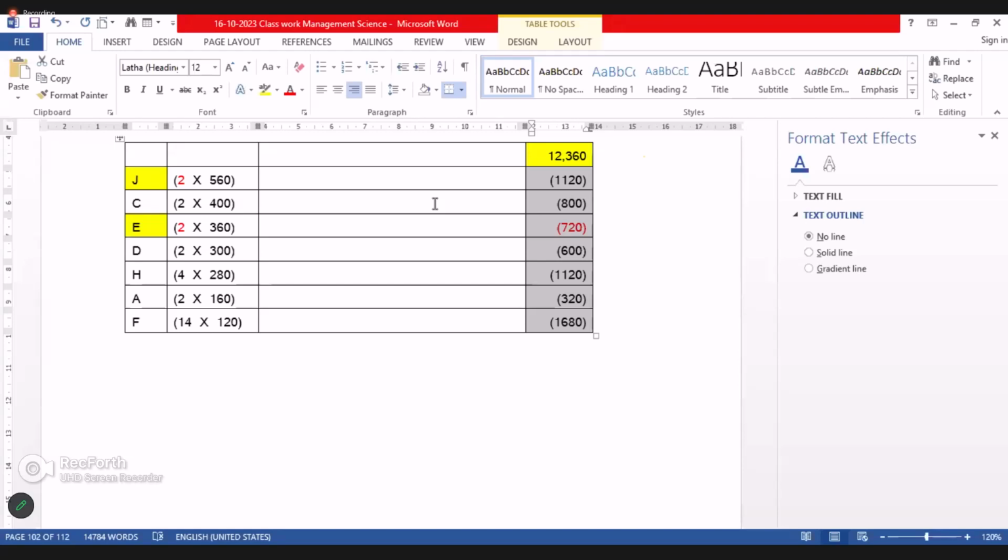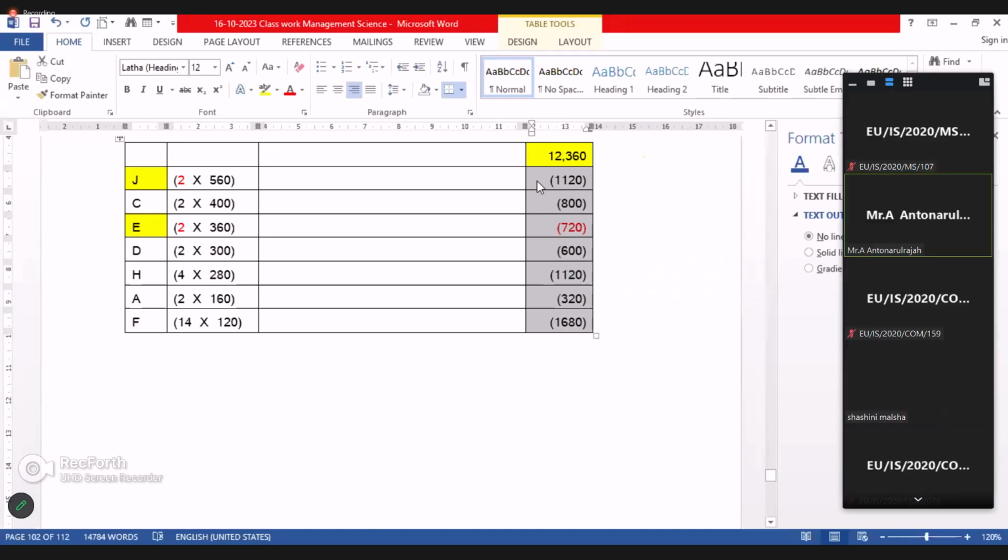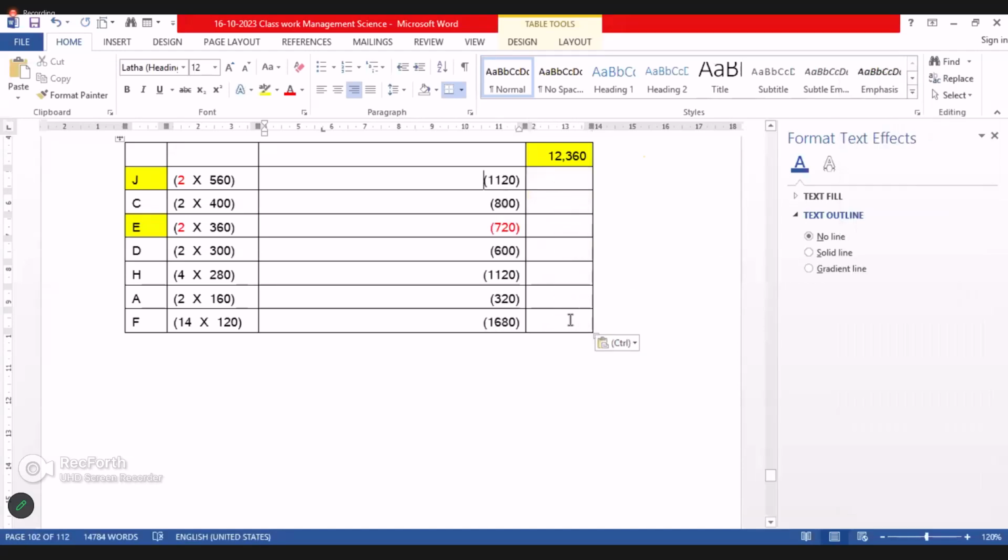How much? Thousand 360. Okay. So rather than putting individually, right?